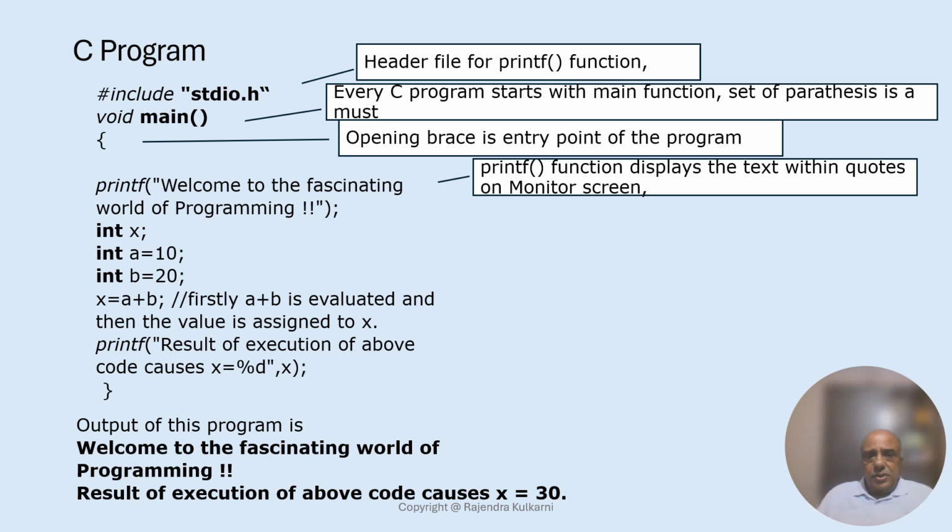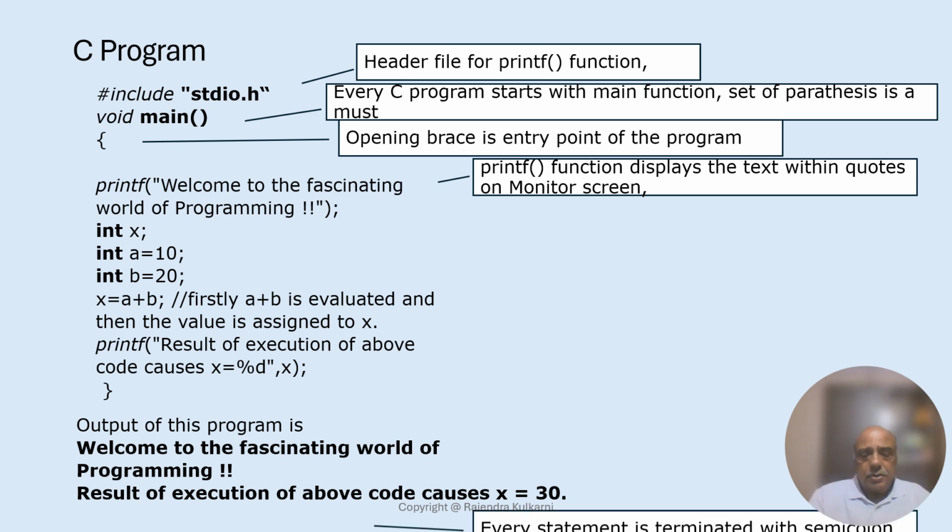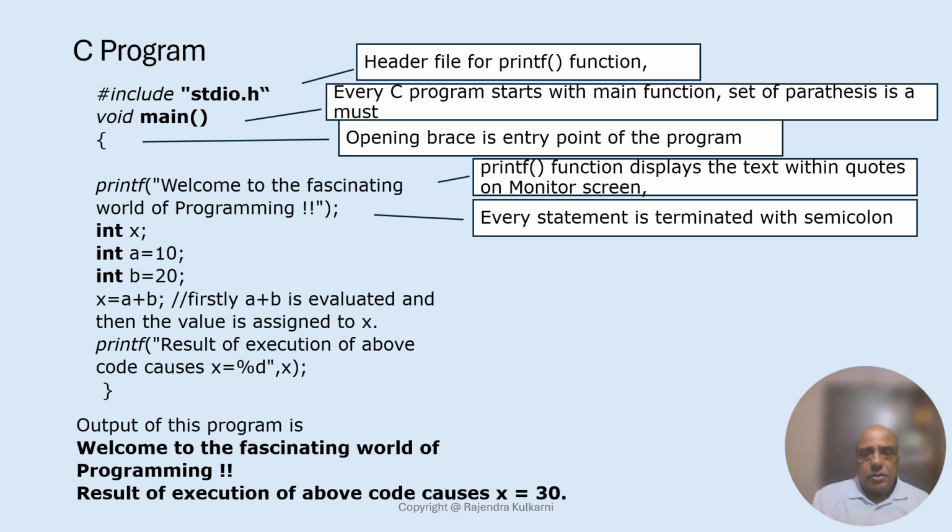It outputs whatever we have written within the double quotes. Every statement is terminated with a semicolon. It is a must. It acts as a full stop in our natural language.